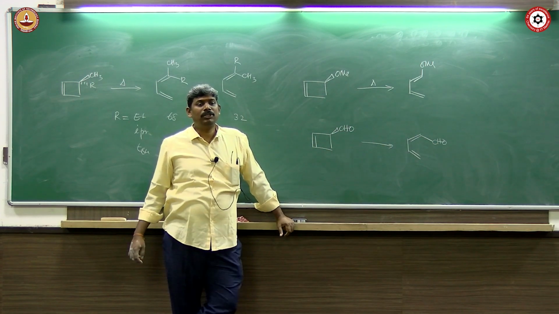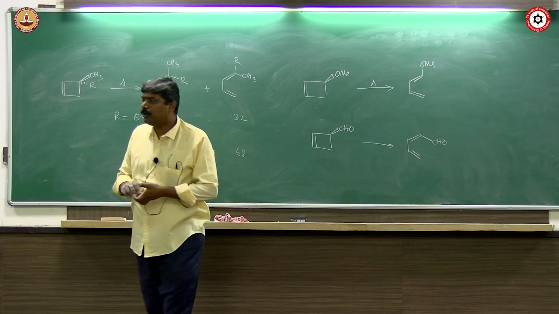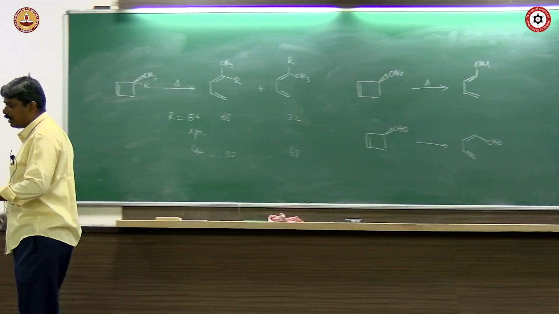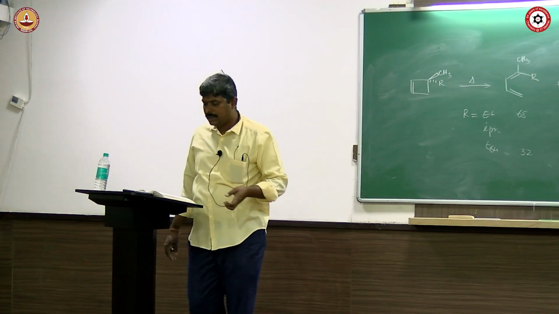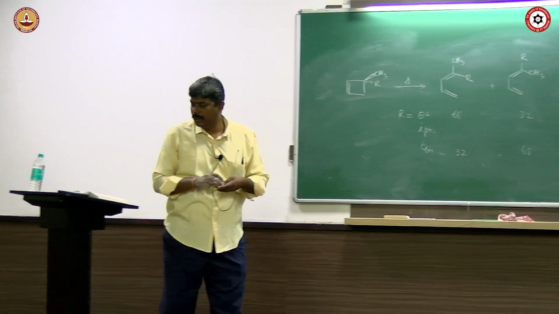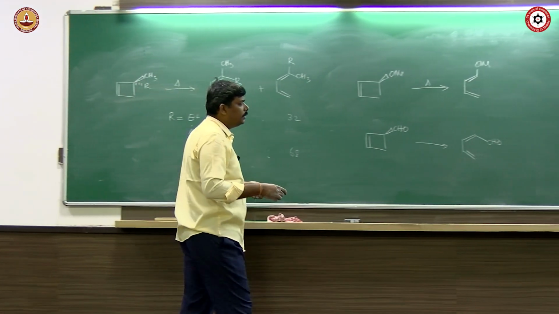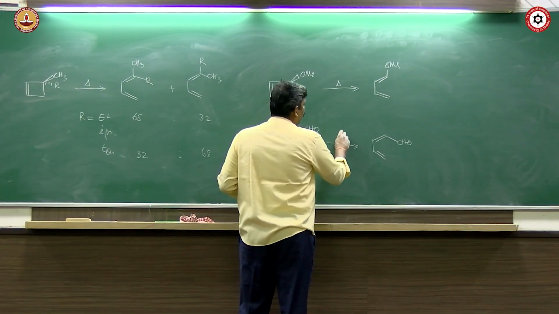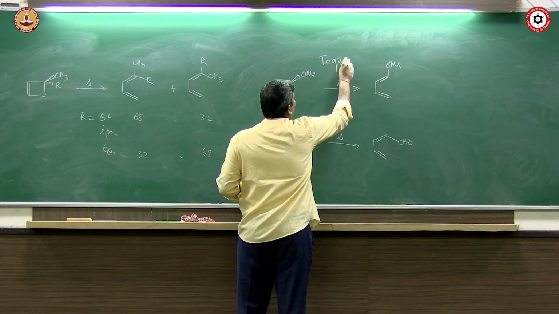This is what is called torquoselectivity. This model was proposed by Professor Ken Houk, for the selectivity that is observed. They say that there is a secondary orbital interaction which gives such an observation. That selectivity is called torquoselectivity.